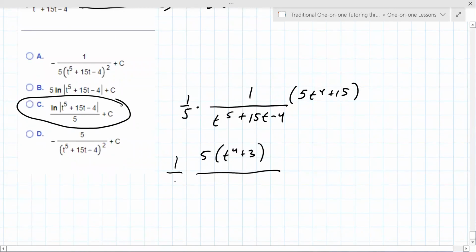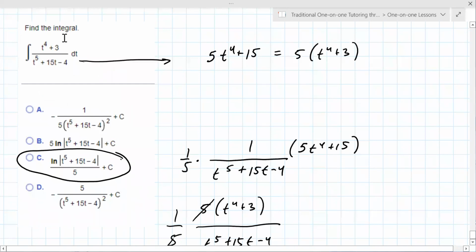So that 1/5 here cancels with it. And what's left over, t to the fourth plus 3 over t to the fifth plus 15t minus 4, is that original integral there. Okay.